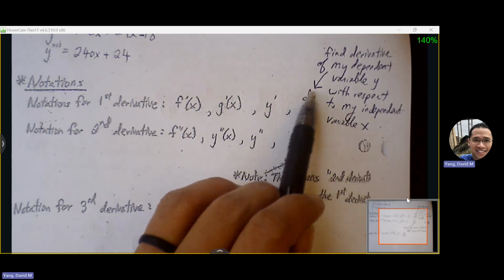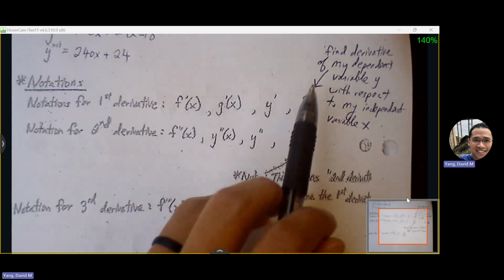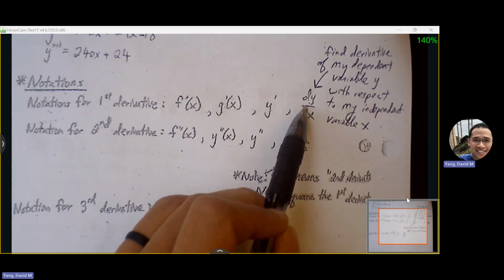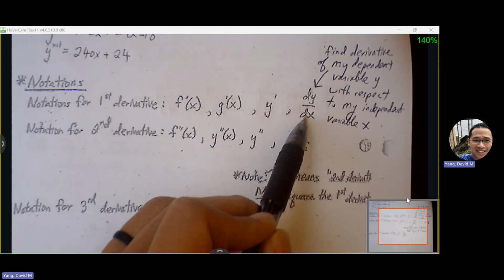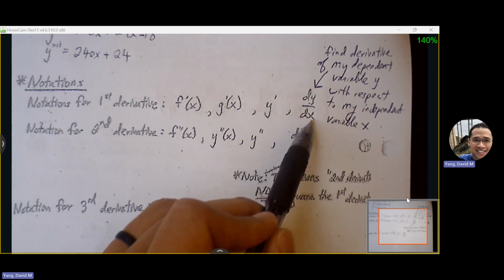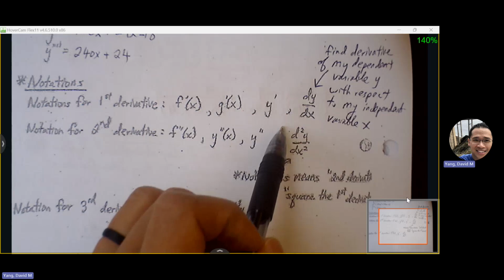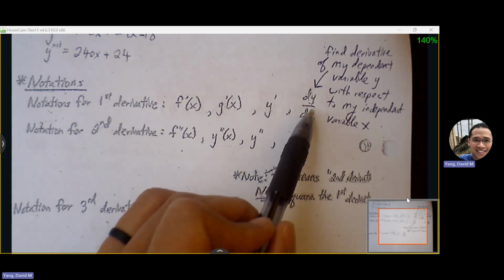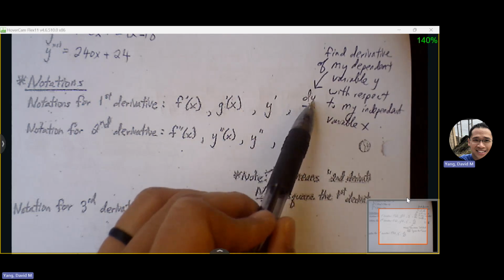Looking at this, whatever you see up top is basically your y variable, and whatever you see below is basically your x variable. So if it's dr ds, then s is your independent and r is your dependent. Or if you see dy over dt, then that tells you time t is my independent variable, and whatever is up here is my dependent variable.